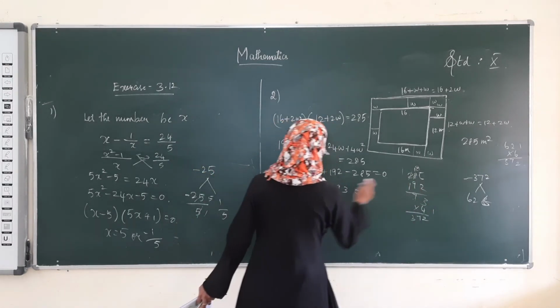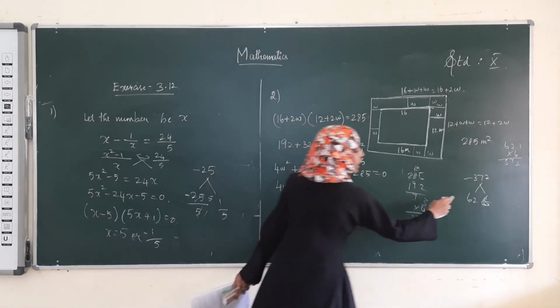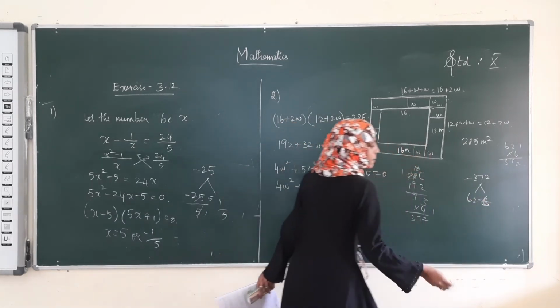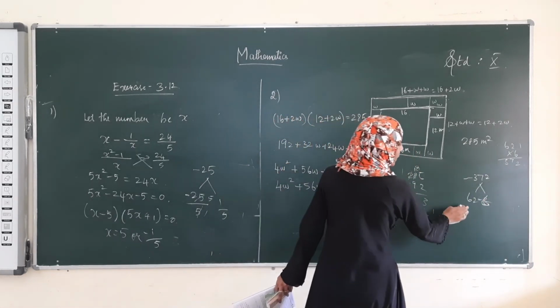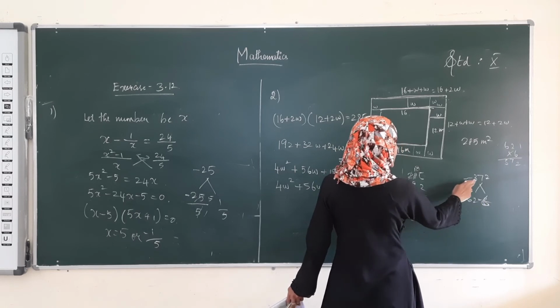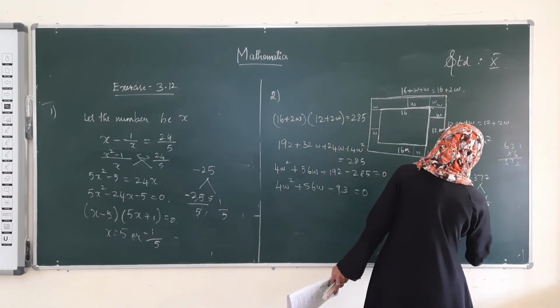While adding, we should get plus 56. Therefore, 62 minus 6 becomes plus 56, and when multiplying, 62 into minus 6 is minus 372.